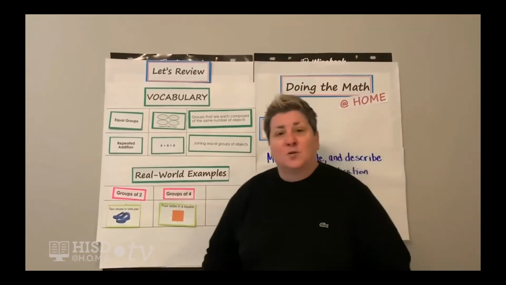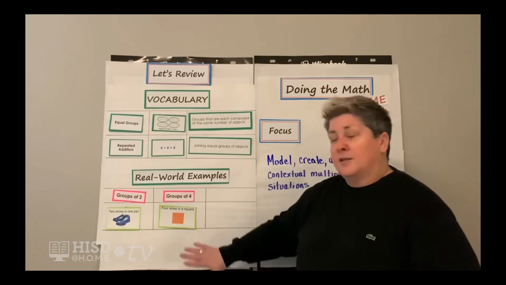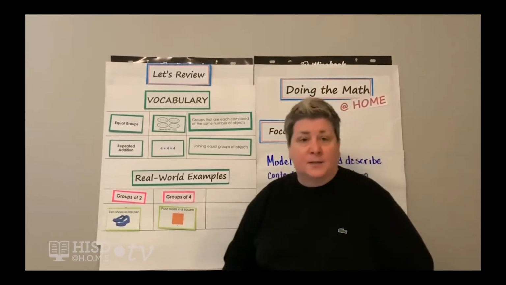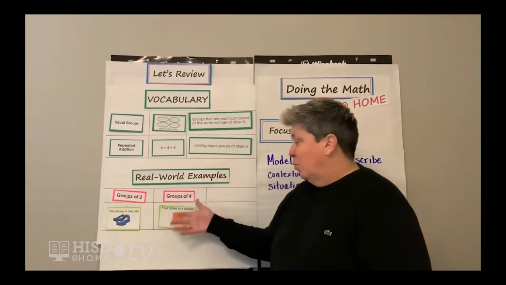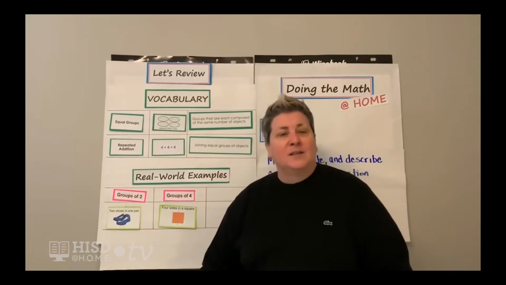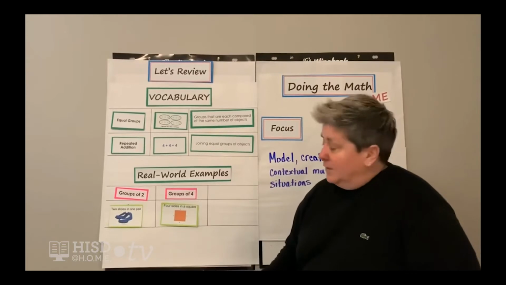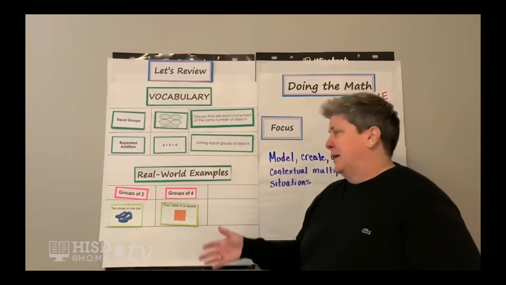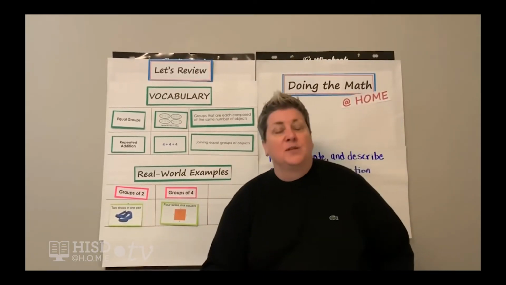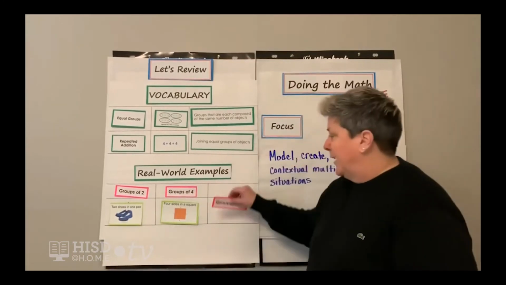When I think about a square, I know that on the square I have 4 sides. So I know that if I have more than one square, I can repeatedly add the sides to figure out how many sides I have. The last example that we're going to generate is when we think about things that come in groups of 5.